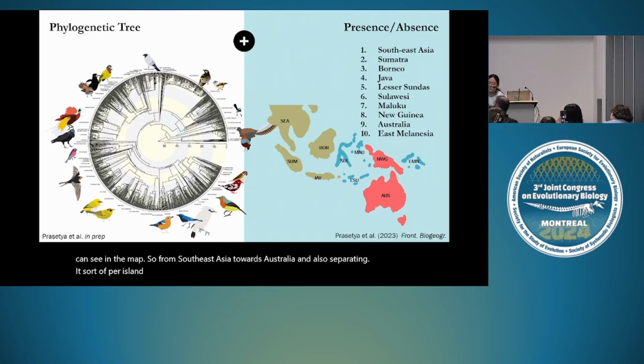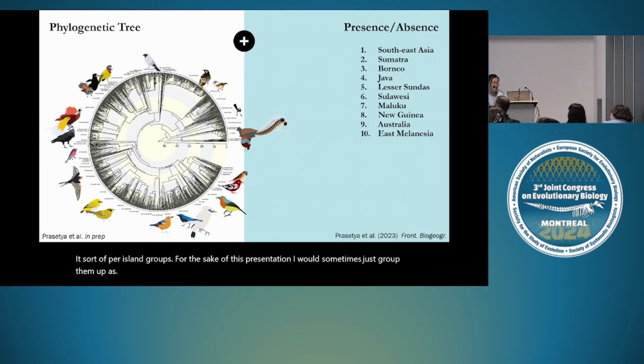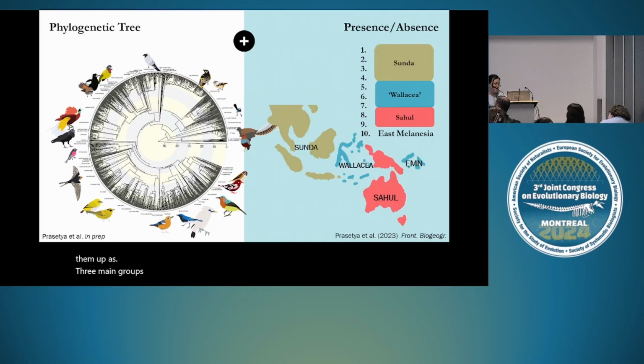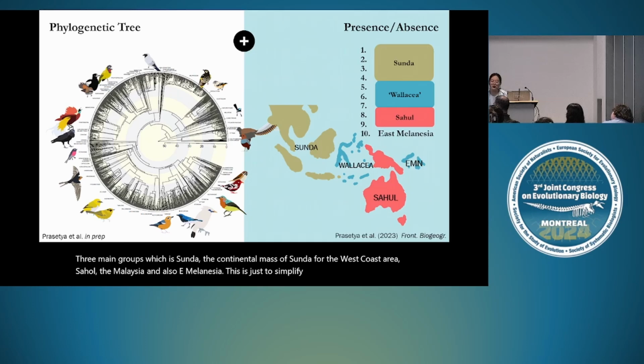For the sake of this presentation, I would sometimes just group them into main groups: the continental mass of Sunda for the west, Sahul, Wallacea, and also East Melanesia. This is just to simplify some explanations.